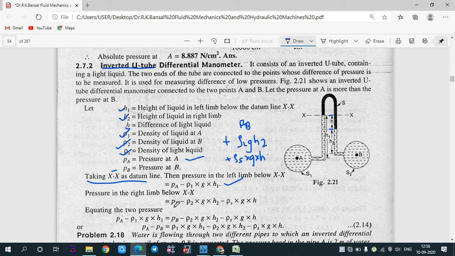So this is PB minus, as I have told you, since we are going upward it will be negative. So these two values will be negative.